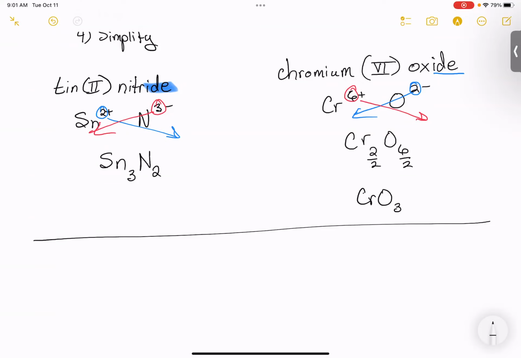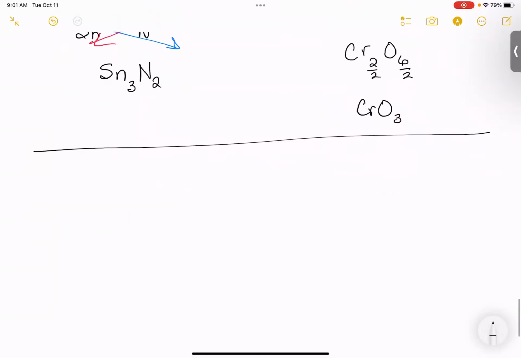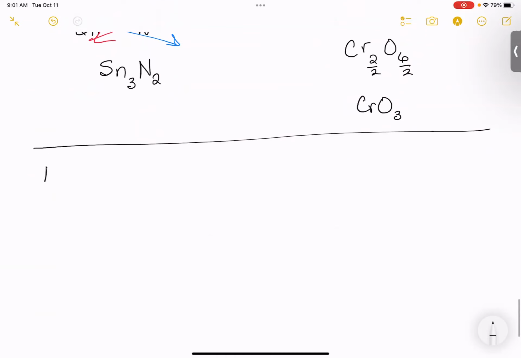Ate and ite will always be polyatomics. What is the toughest piece is to go from the formula to the name for an ionic compound.